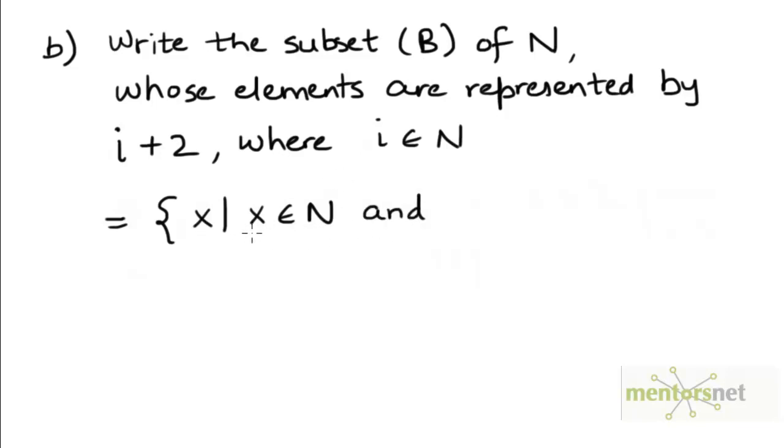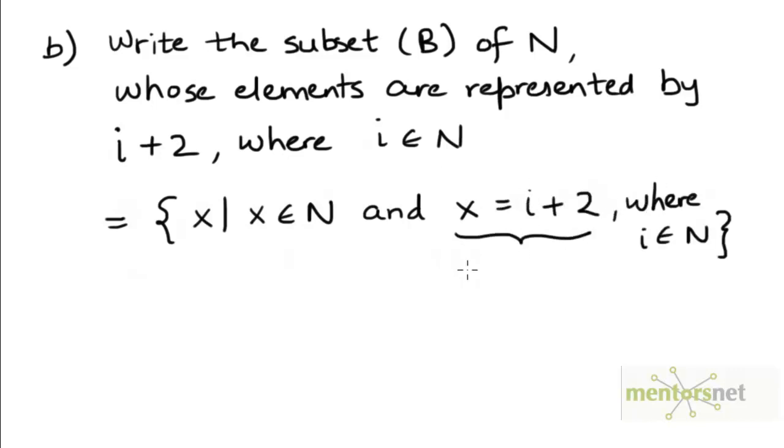And the second condition that this arbitrary element x should satisfy is that x can be written as i + 2, where i belongs to n. In other words, if we take this element x and subtract 2 from it, we will get a number that still belongs to n.